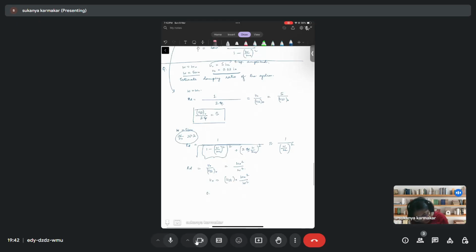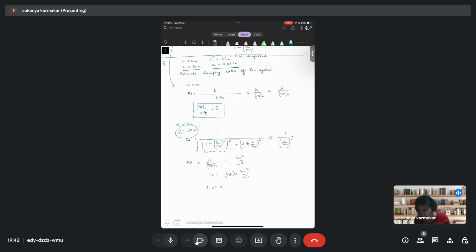So this is 0.02. How much is your ust naught? Your ust naught is 5 into 2 zeta. And what is the ratio of omega n by omega? It is 1 by 5. So substitute it here.